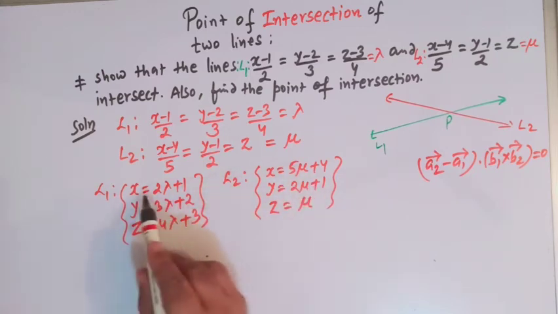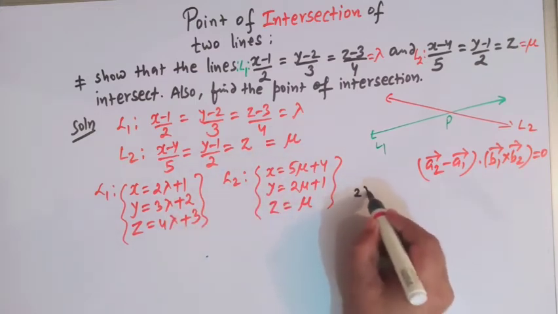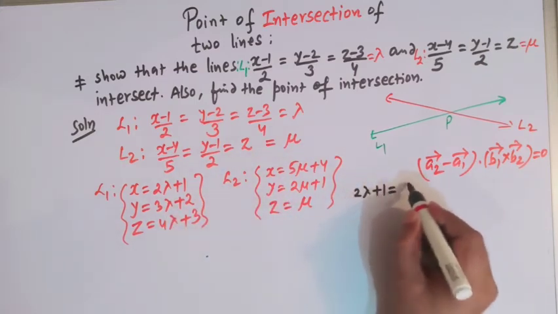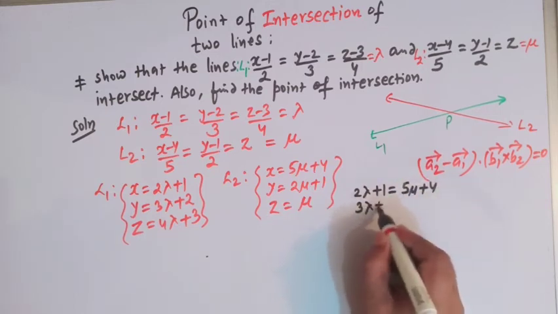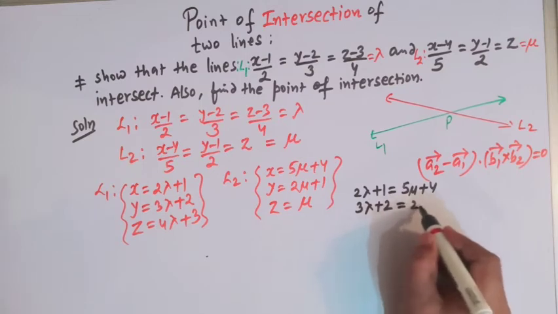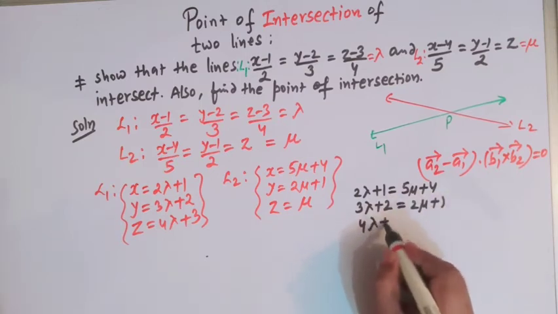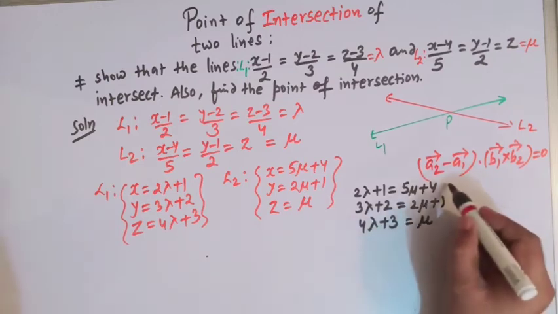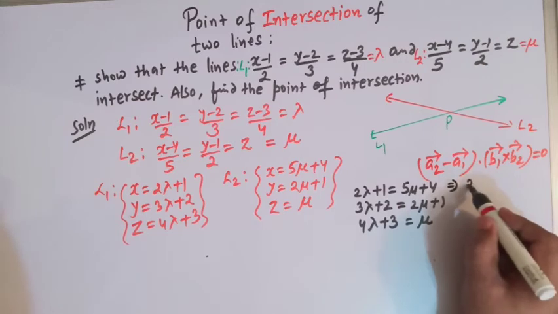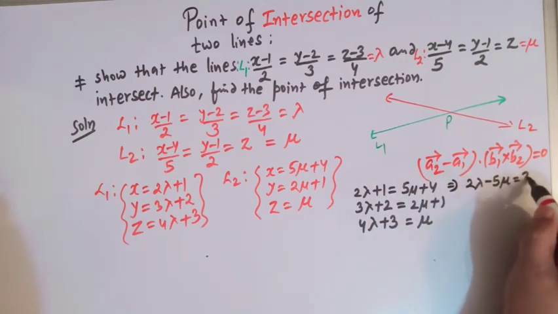How? We will equate these two coordinates and we get 2 lambda plus 1 is equal to 5 mu plus 4. Here we have 3 lambda plus 2 is equal to 2 mu plus 1, and 4 lambda plus 3 is equal to mu, right? Now if we solve it, we get 2 lambda minus 5 mu is equal to 3.